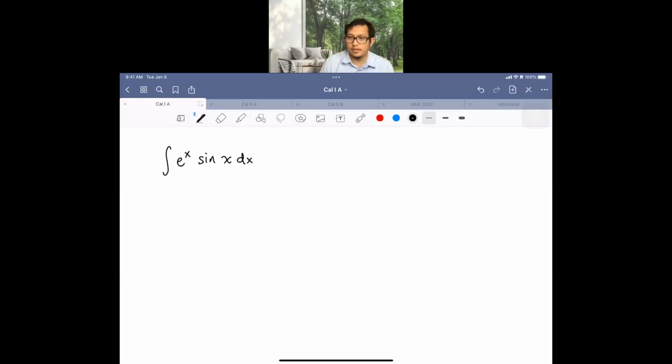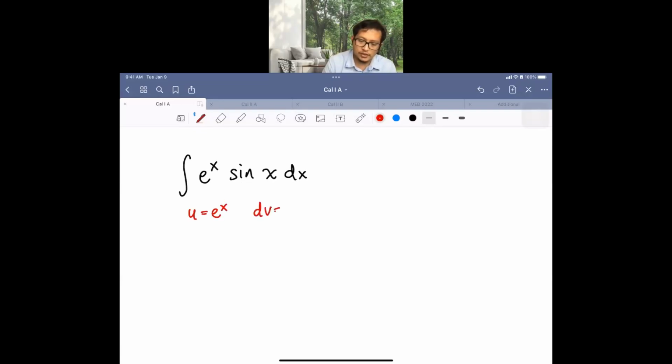Still, you can find a way to solve it through that method. Let me start by taking, for example, e to the x as u, and then dv is sine x. So v will be negative cosine x, and du is still e to the x dx, right?